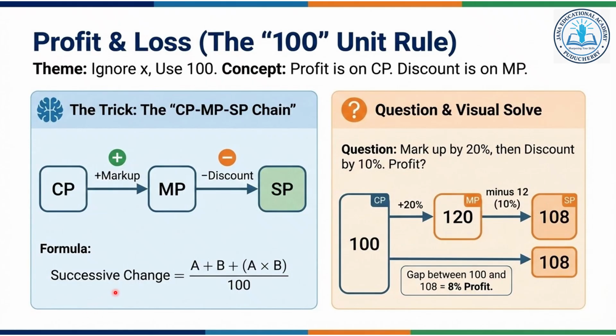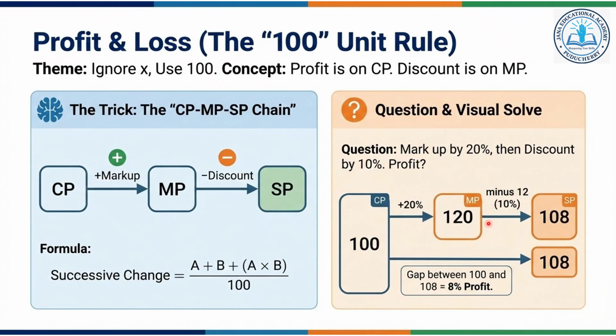So whenever successive changes are to be calculated, we can use this formula: A plus B plus A into B divided by 100. Now go to the question. You see that the markup is 20%, the discount is 10%. So there is a cost price. Let us assume the cost price is 100. The markup price is raised by 20%, so it becomes 120, right?